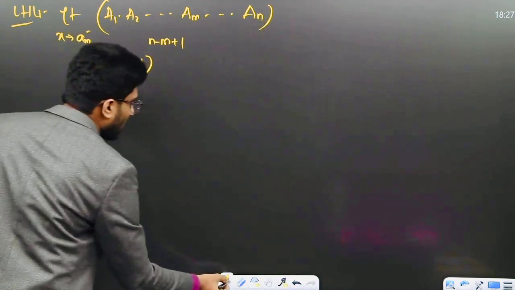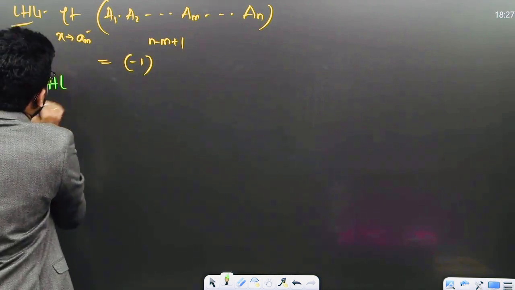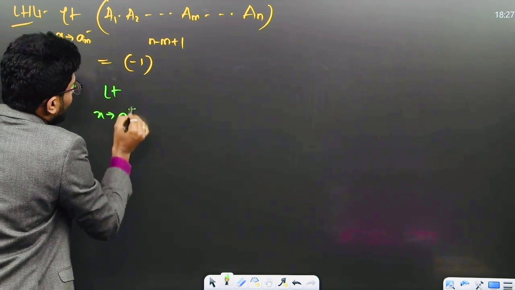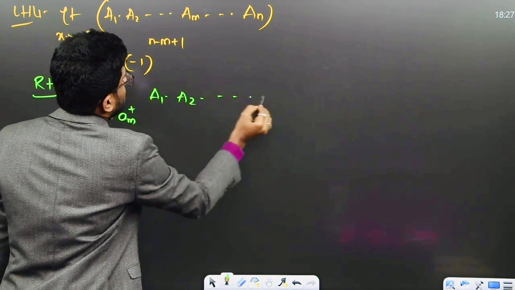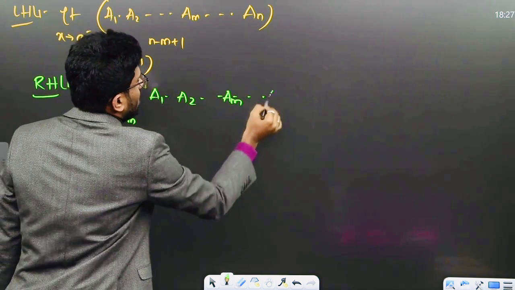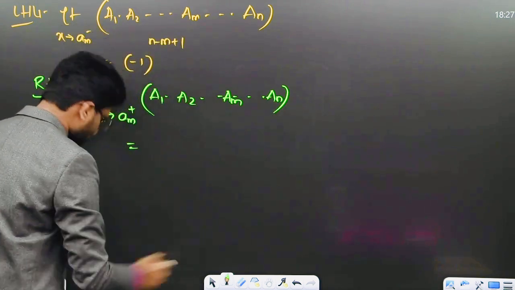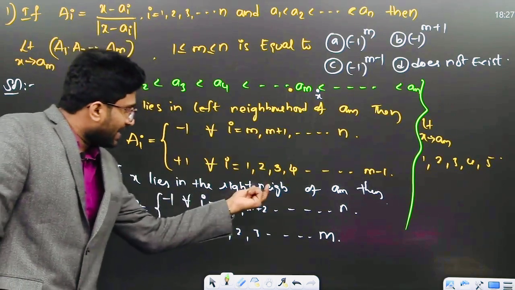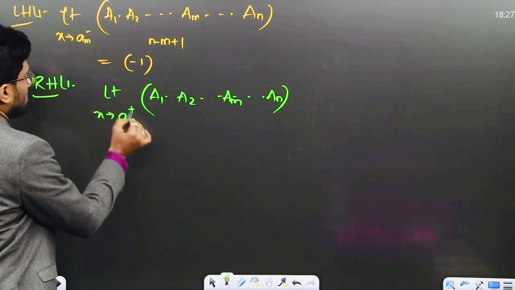Next, if I find RHL, right hand limit, x tends to am plus, a1 into a2 into and so on. We have am somewhere here and so on till an. This will be equal to, when x lies in the right, RHL, x tends to am plus.